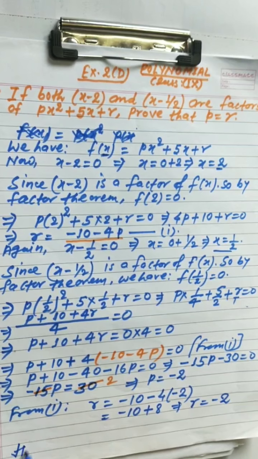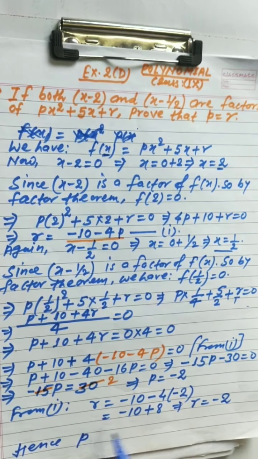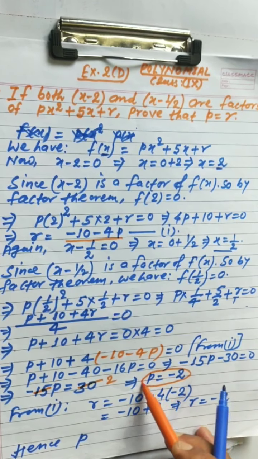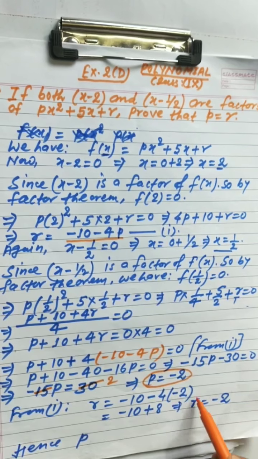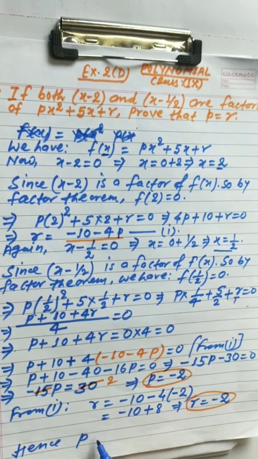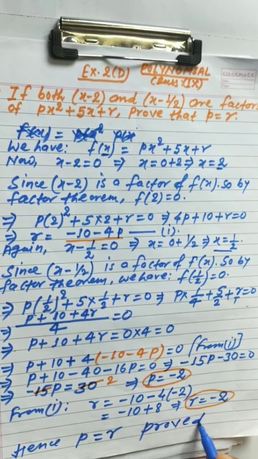Hence p is equal to minus 2 and r is also equal to minus 2. So we have proved it.